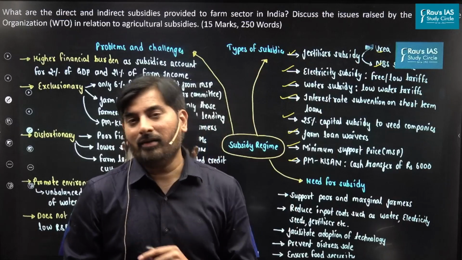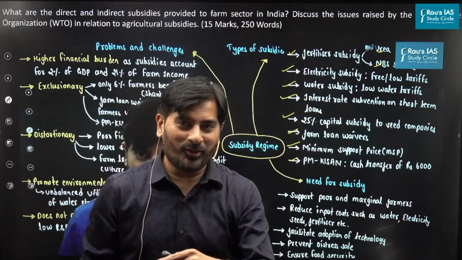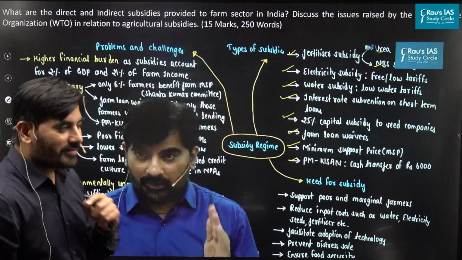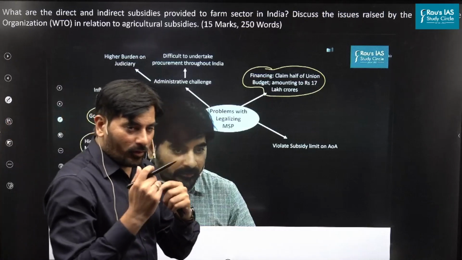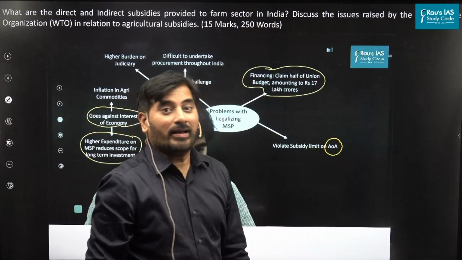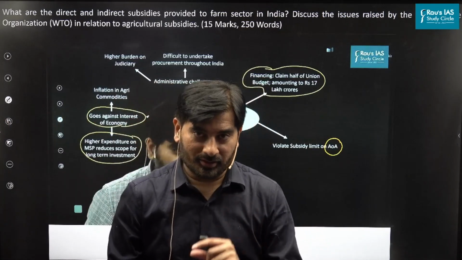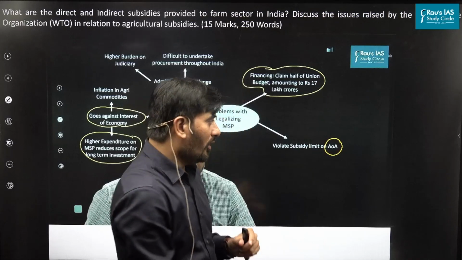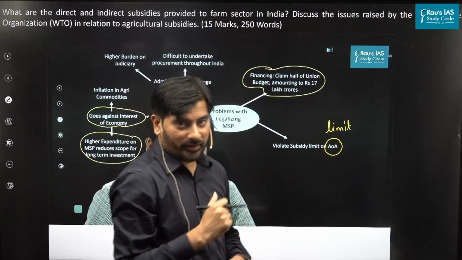The second part of the question was with respect to issues raised by WTO with respect to agricultural subsidies. I hope all of you must be knowing about the WTO agreement on agriculture. As you know, the agreement on agriculture puts a limit on the subsidies that the government can give to the farmers.